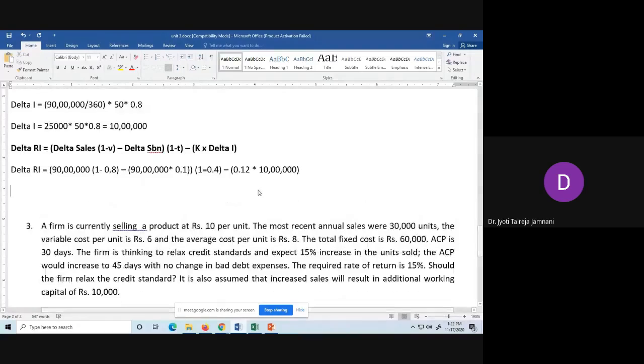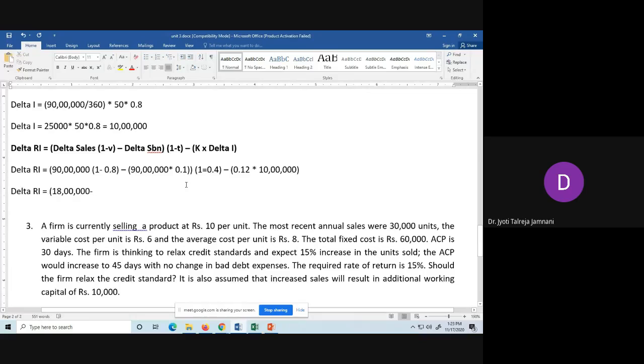So let's solve it further. Delta RI is equal to, see 90 lakh, first 1 minus 0.8 is 0.2. So 90 lakh into 0.2, 18 lakhs.